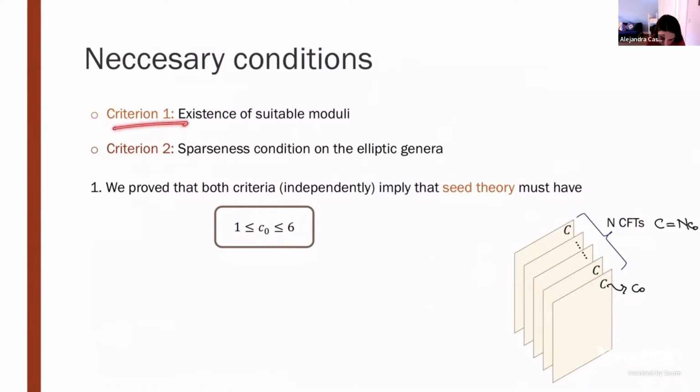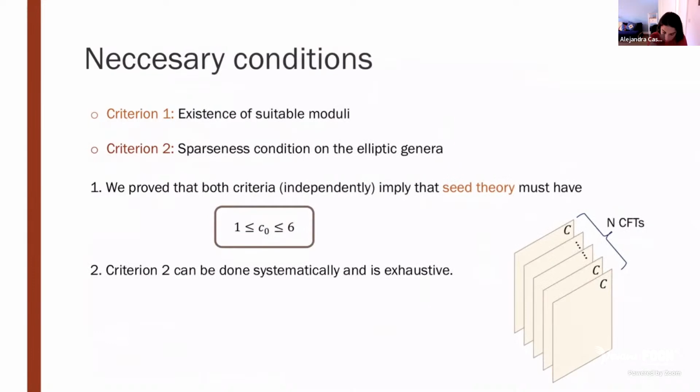From this one, it's easy to see why it's coming from the twisted condition on the moduli. This one was less obvious, that the sparseness condition required that C0 was less than 6, but it is true and it's proven. Then the second thing, which is very nice, which also involves the mathematics, is that criterion 2 is very systematic to go through.